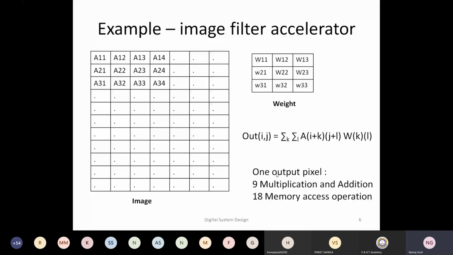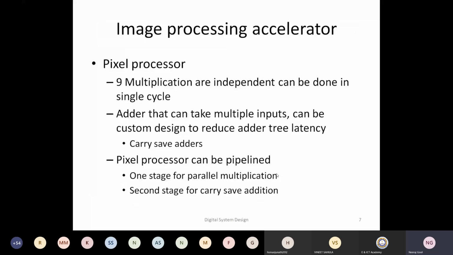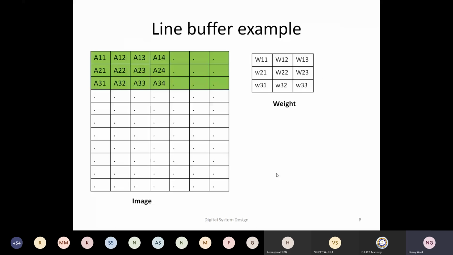One, by storing all the weights in registers. So rather than storing the weights in memory, I can have custom registers for all the 9 weights because they don't change. They are stationary for one application or one particular type of image filter.